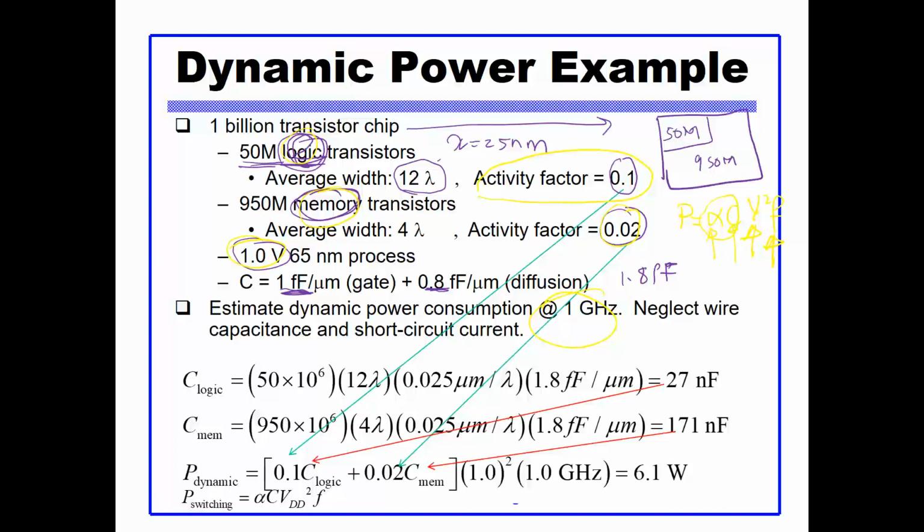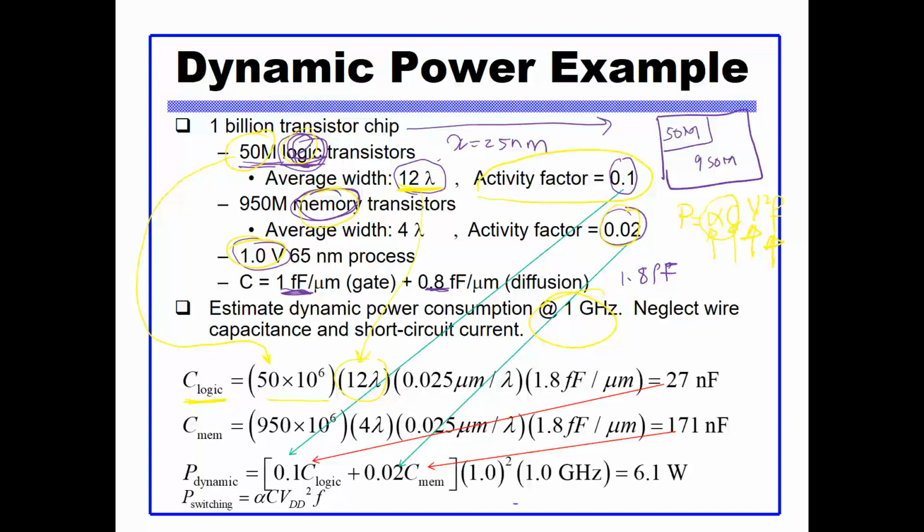Now notice what he has done here. For the capacitance of the logic, we have 50 million transistors. Every transistor of those has 12 lambdas. He told me right here.